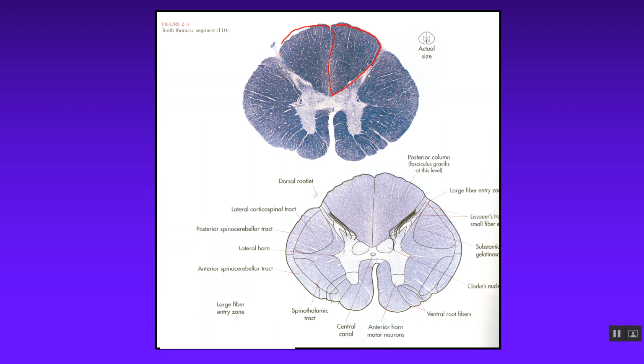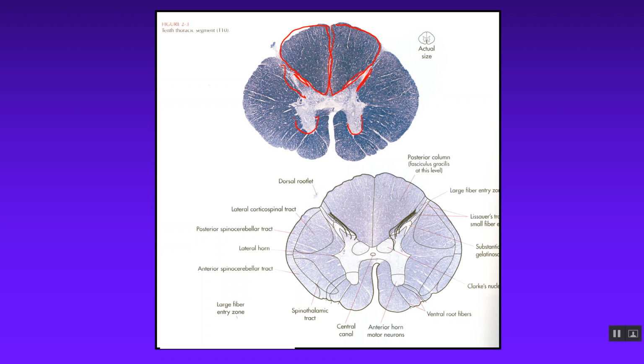This is only demonstrating one dorsal column back here, the fasciculus gracilis, so we know we're at least probably below T6. We don't see any evidence of fasciculus cuneatus starting here, and we have really small dorsal and even ventral horns.